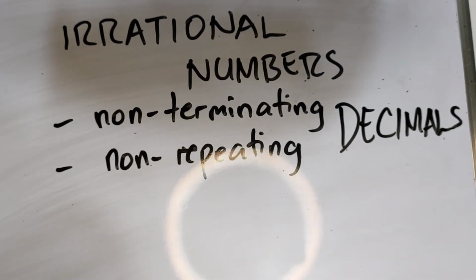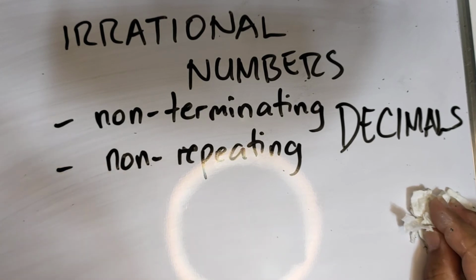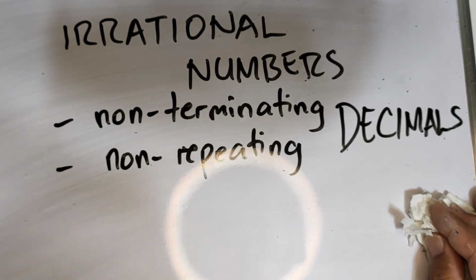Okay? So, irrational numbers are non-terminating decimals and non-repeating decimals. Kamukha nung kanina. Okay? Yung pi, yung square root of 7, square root of 5, square root of 11. Okay? So, those are irrational numbers.